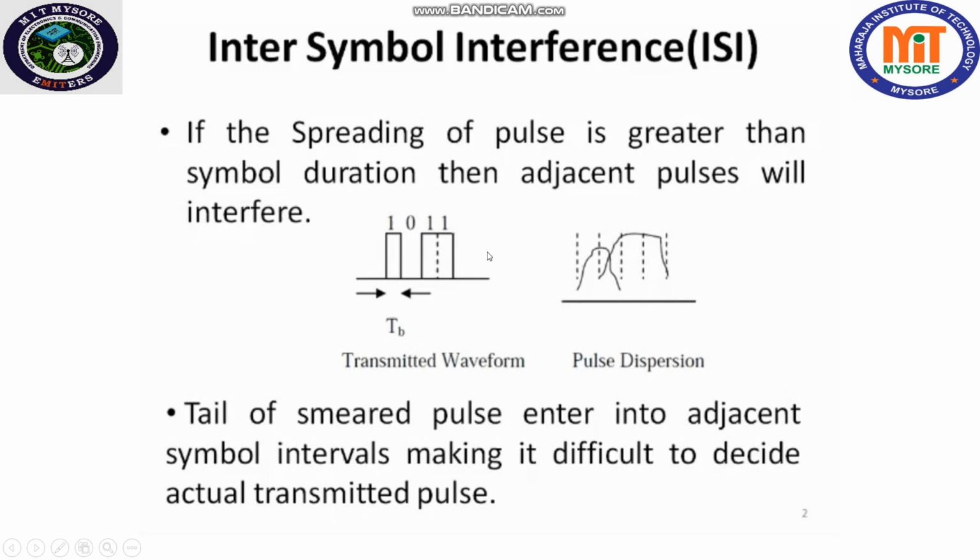It happens for every signal which goes through the wireless channel or wired channel. Because of this spreading, it may look like this. At the receiver, you can see there is no difference between 1 and 0.